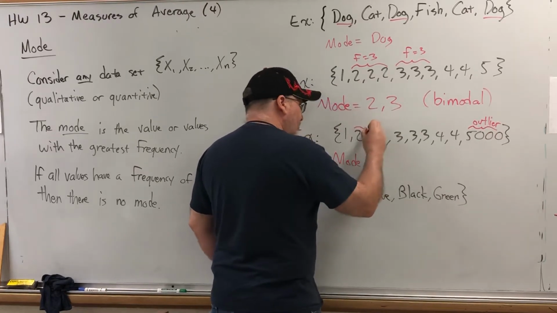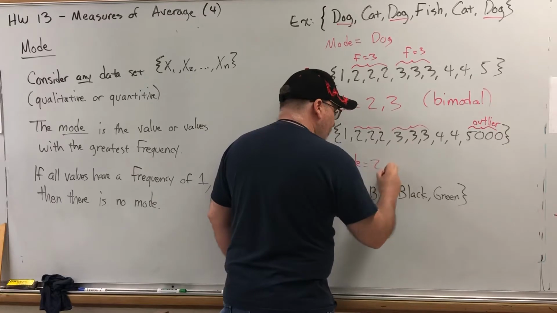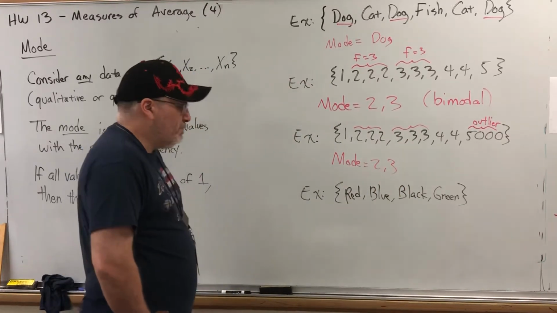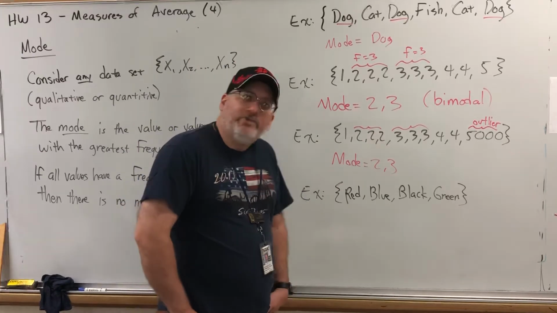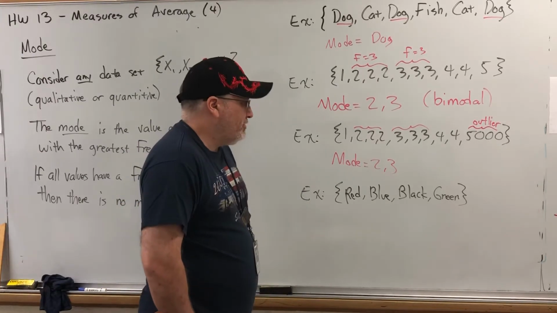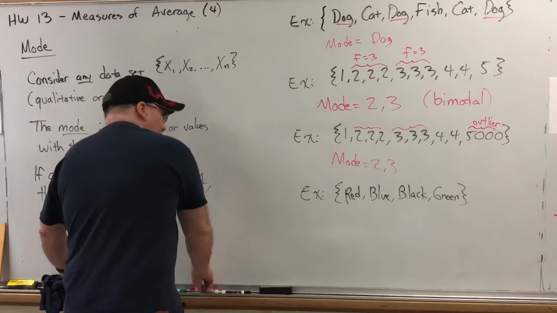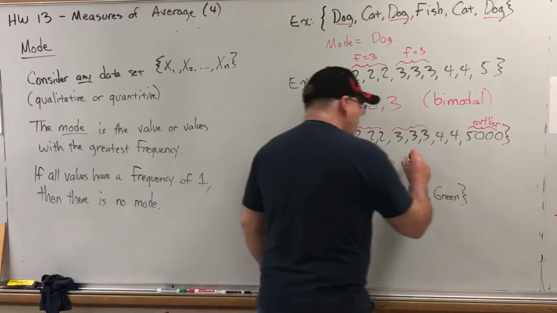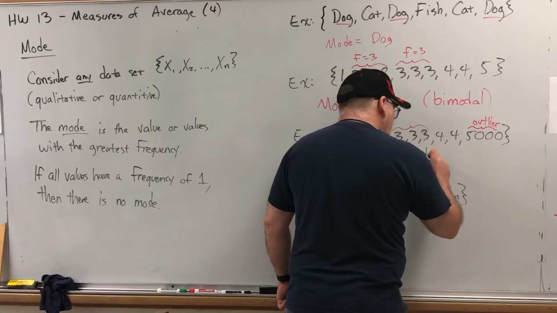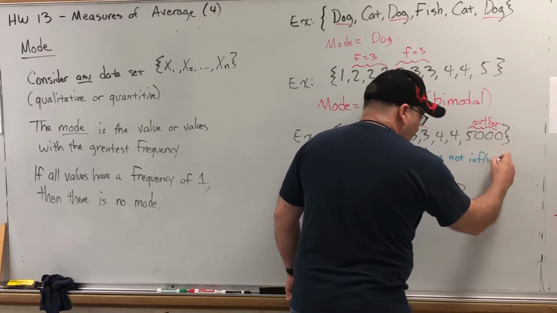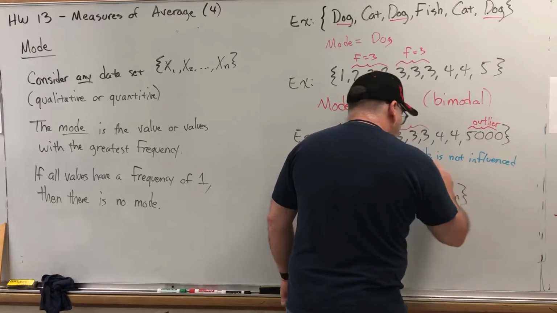Well, it's still 2, and it's still 3. So what that means is mode is not heavily influenced by outliers. In fact, it's usually not influenced at all. I think that's worth writing. Mode is not influenced by outliers.